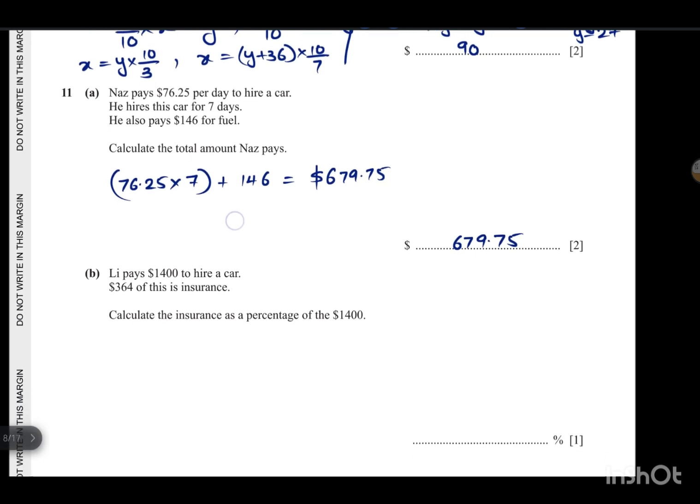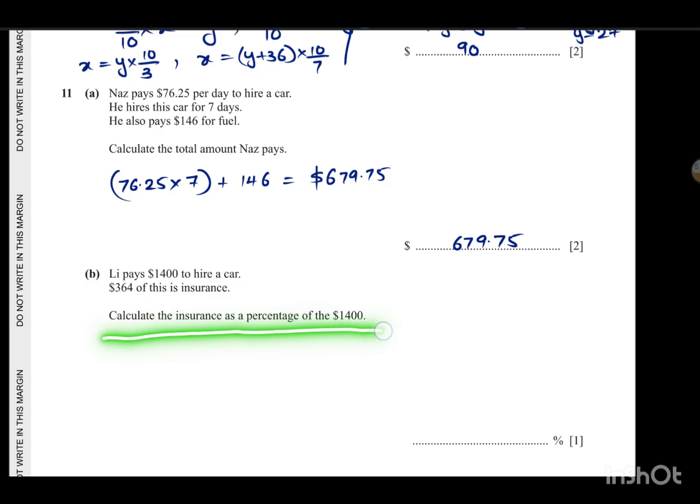Lee pays $1,400 to hire a car. $364 of this is insurance. Calculate the insurance as a percentage of the $1,400. Whenever you find the percentage of any number, you take that number in the numerator, divide that by the total amount out of which it is taken, and multiply that with 100.